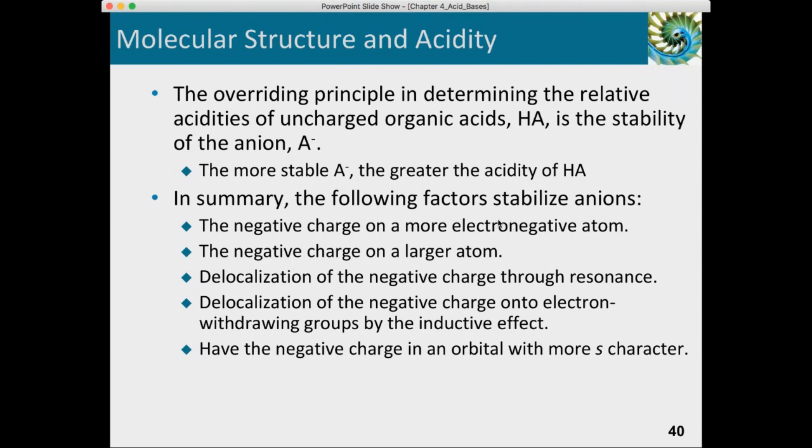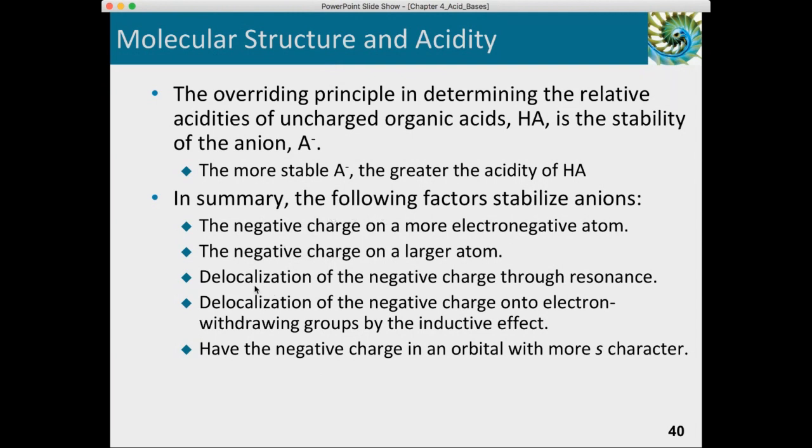The more electronegative the atom is, the more stable the conjugate base will be. Second case could be the negative charge on atoms that are within the same column. In that case, size is a factor. The negative charge, you want it to be on the larger atom. That will make the conjugate base more stable.